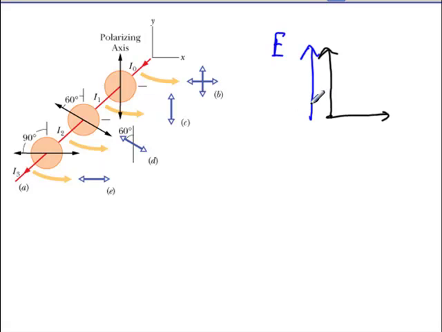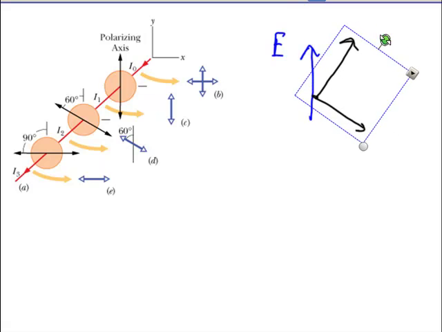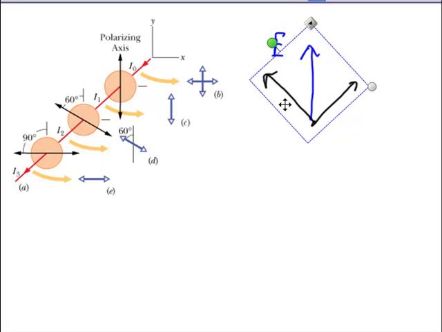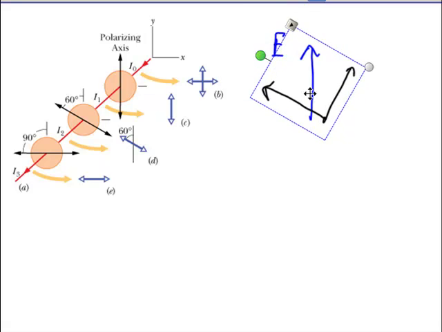But I could also break this up along a tilted axis, which is exactly what I do here. I take it and break it up along an axis that's tilted at 60 degrees.